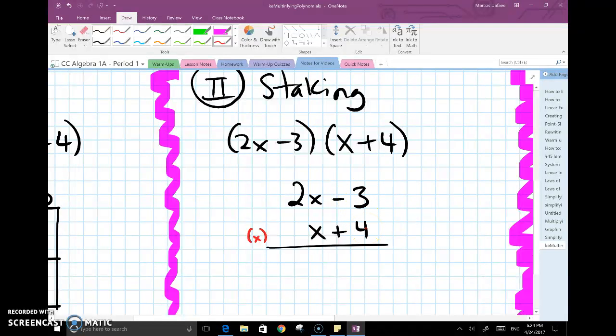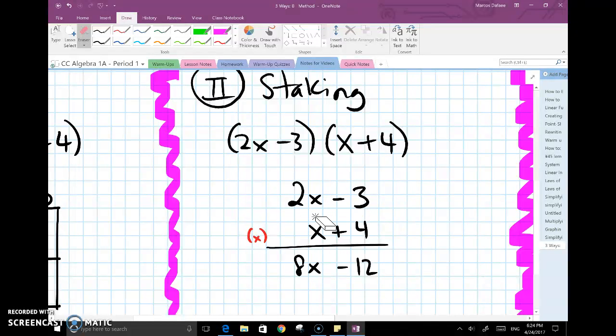You are indeed multiplying. The way this would go is just like it does with ordinary numbers. So this would be 4 times negative 3, that would be negative 12, followed by 4 times the 2x, and that would give you a positive 8x. So you would have as your top row 8x minus 12. Then you move to the next row.